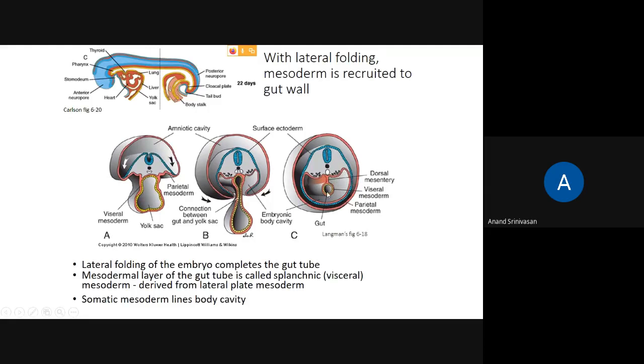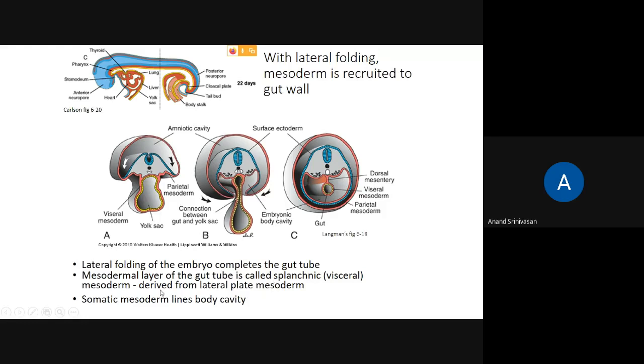So this is the visceral mesoderm and this is the parietal mesoderm. This is the one which later on transforms into peritoneum. The visceral mesoderm will become the visceral peritoneum, and the parietal mesoderm will become the parietal peritoneum.